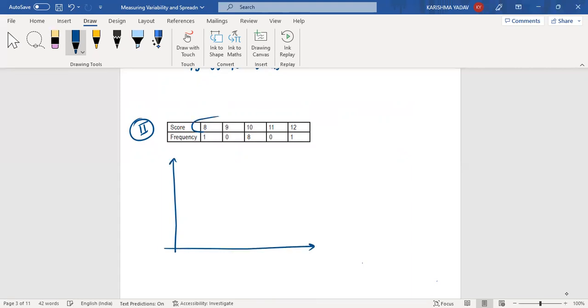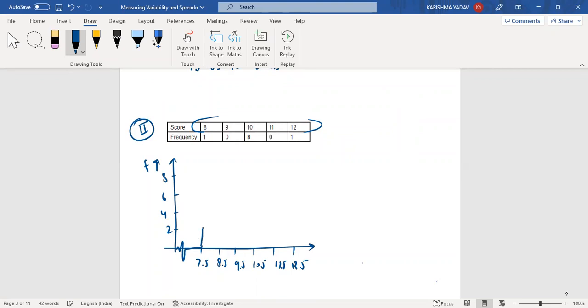For the continuity of the data, like we have done in the previous case, we are going to do it like this: 7.5, 8.5, 9.5, 10.5, 11.5, and 12.5. And the frequency is 2, 4, 6, 8. This is frequency.